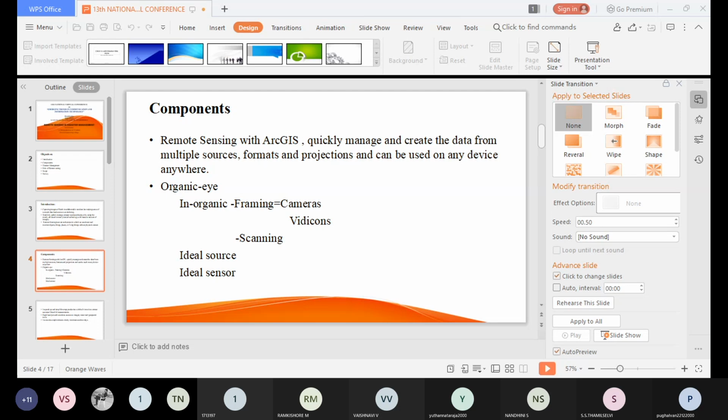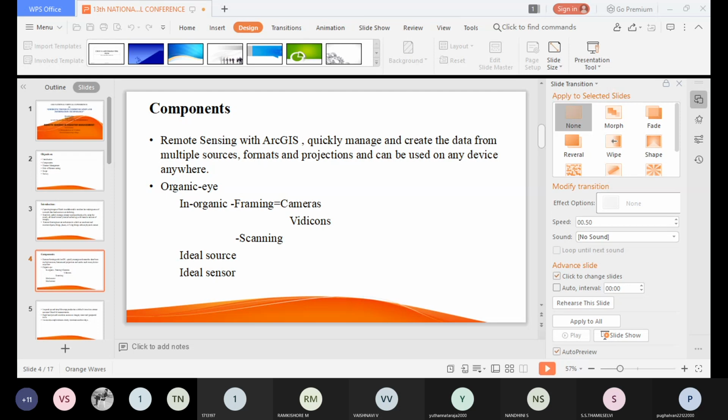These are the softwares with which we can process the images and give exact information for particular applications. So with remote sensing with ArcGIS, we can quickly manage and create data from multiple sources, formats and projections, and it can be used on any device and anywhere.